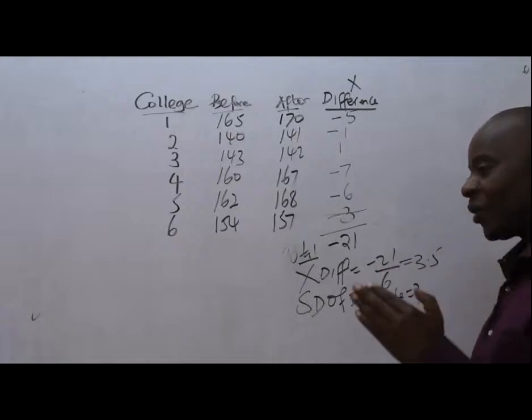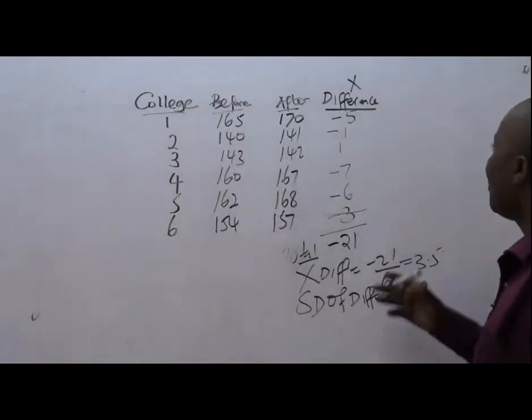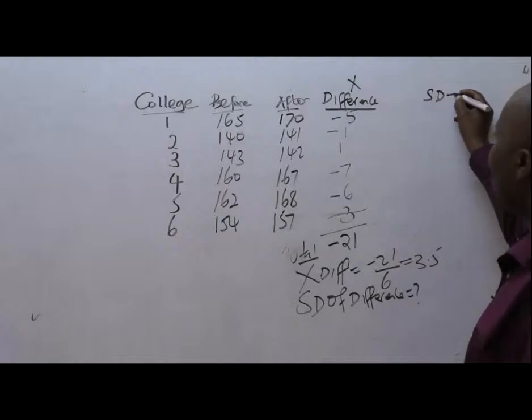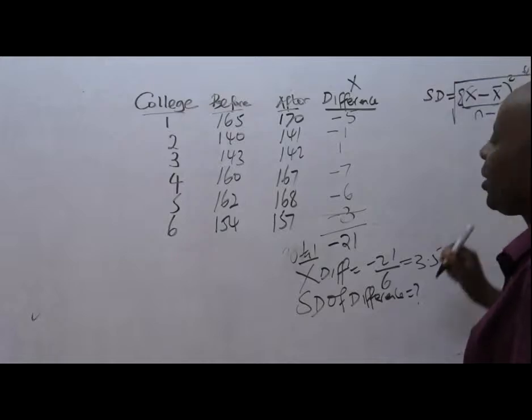So when I hear this thing of standard deviation, I'll remember the formula. I know that standard deviation is the summation of X minus X bar squared, divided by N minus 1, and then at the end of the day, root.